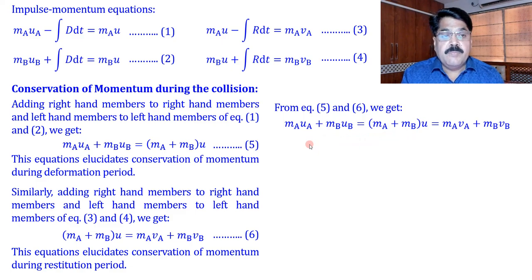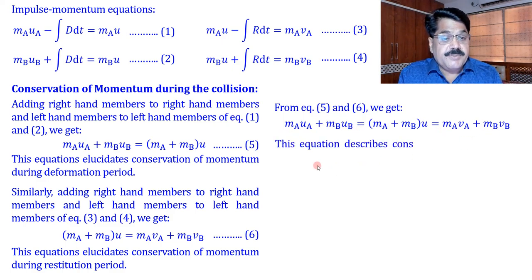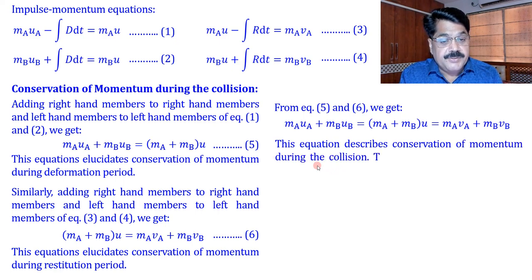Actually, in most of the situations and most of the problems asked in textbooks or exams, this term is not involved. So generally, in the conservation of momentum during collision, we write this equal to that only. This equation describes conservation of momentum during the collision.